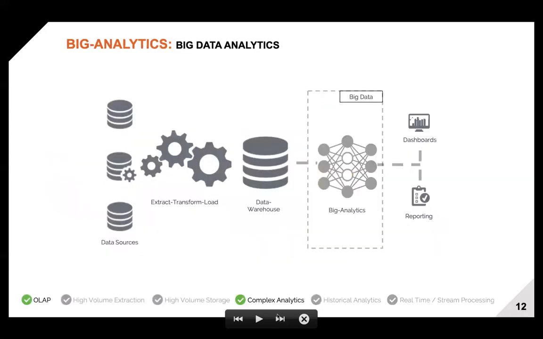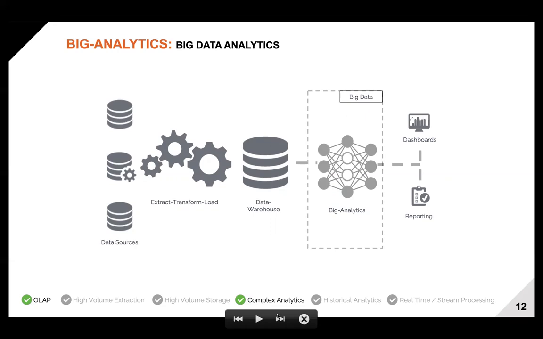Now we can find another architecture, which is the big analytics one, that will introduce big data technologies in the analytics phase. So the idea is to use technologies like Spark, machine learning, or Flink also, in order to do analytics with big data technologies.